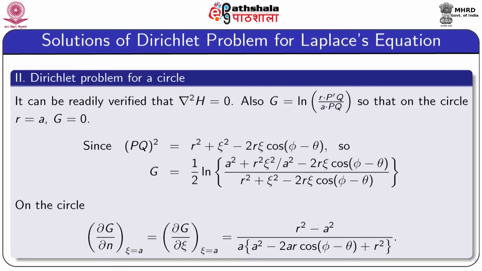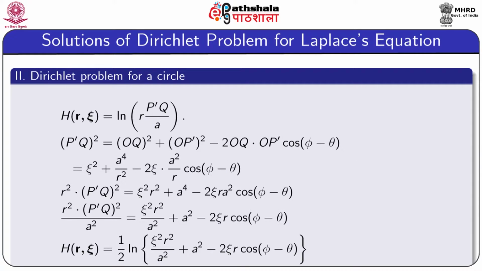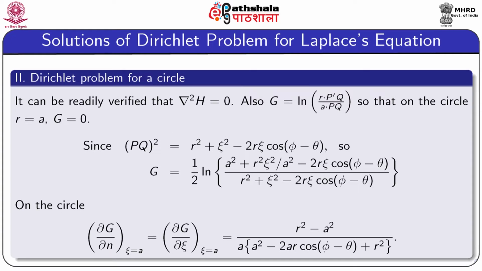So, it is written here. G equals half of, so if we use the expression for PQ here, and we have already obtained the expression for P dash Q in the previous slide, here you can get the expression for P dash Q and here we obtain the expression for PQ.